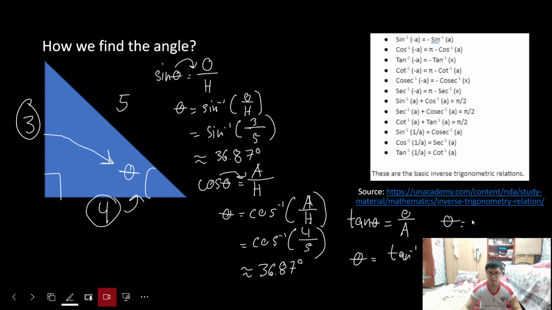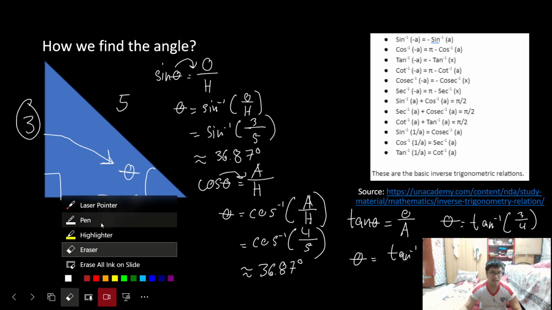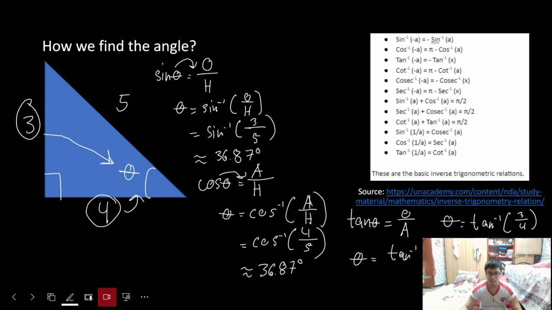Remember that your O is 3 and your adjacent is 4. So what will be the result? Arctangent 3 over 4 is once again approximately 36.87 degrees. See, so far, these 3 basic trigonometric ratios have the same results.